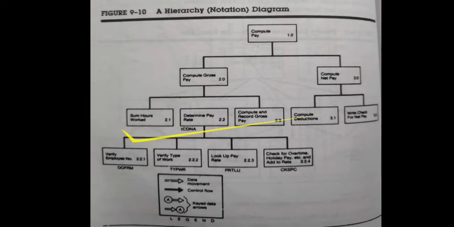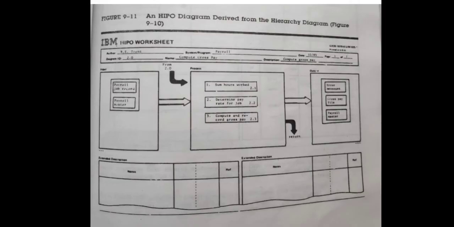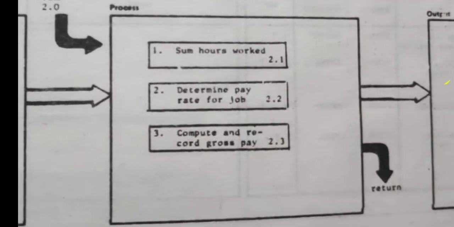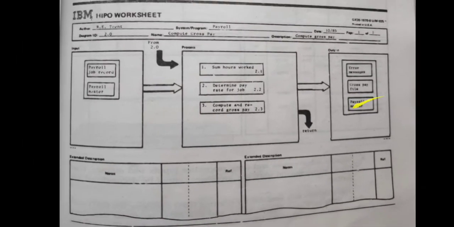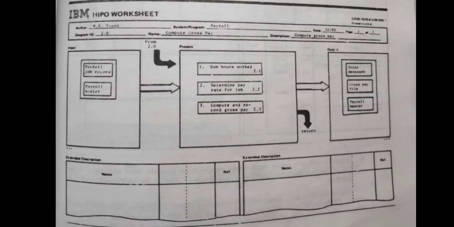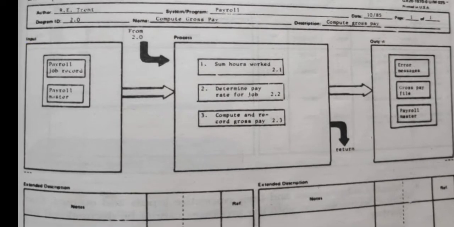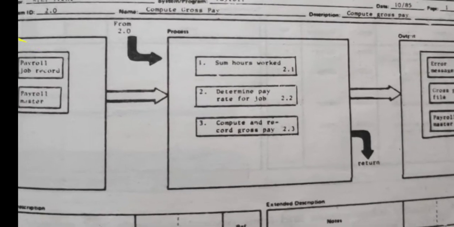So even here you'll be able to see sum hours worked, determine pay rate for job, compute and record gross pay. It's the same thing, but since it's a combination of the HIPO and IPO chart, IPO being input processing output, here we have the payroll, job record and the payroll master.